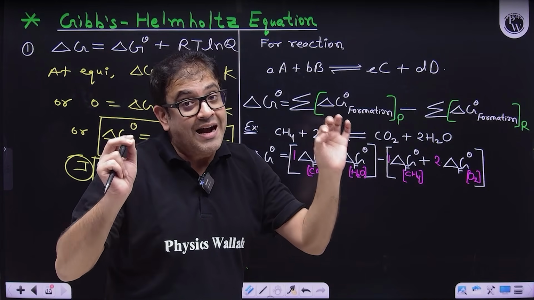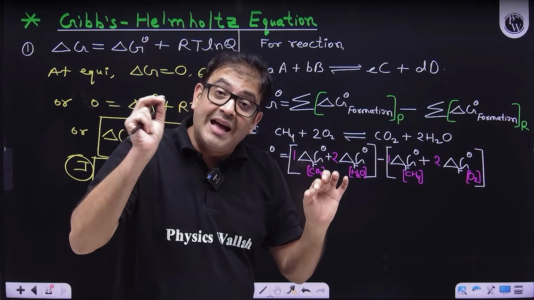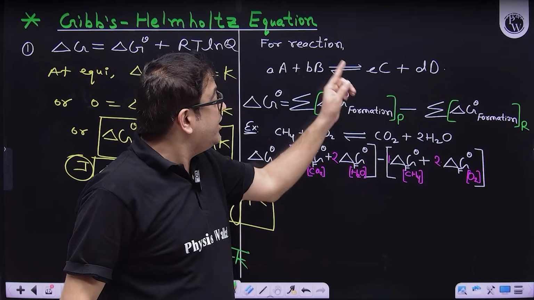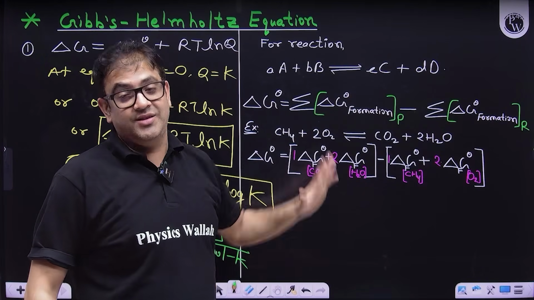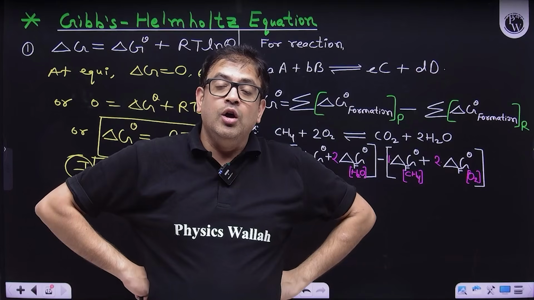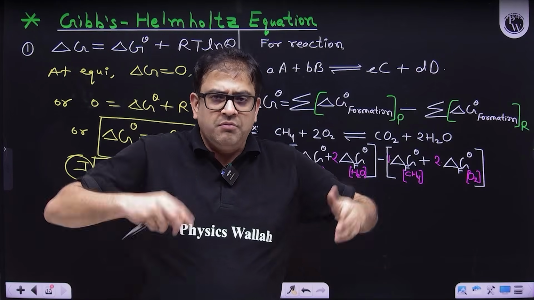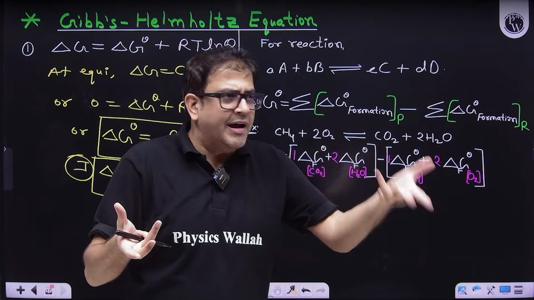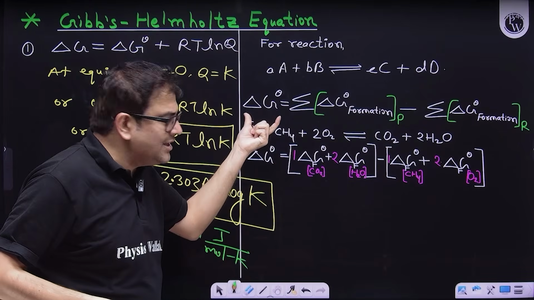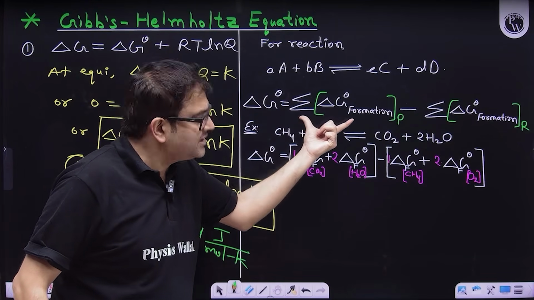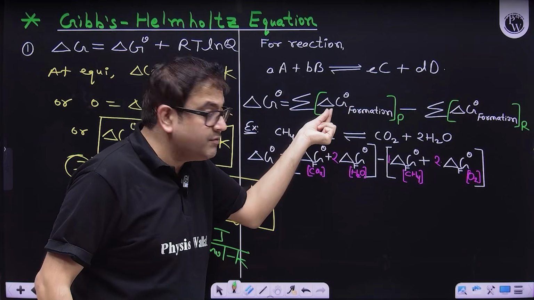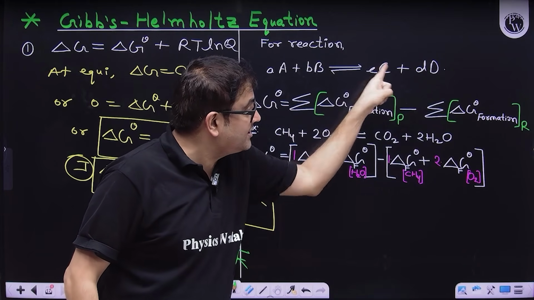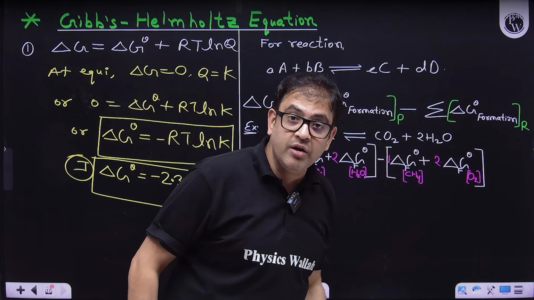Delta G naught is the standard Gibbs free energy change, but that value is sometimes not given for the reaction. It is given for the individual constituents. So, sir, how will we write this for a reaction? Delta is final minus initial. So delta G naught for any reaction is the sum of the standard Gibbs free energy change of formation of products minus that of reactants, R standing for reactant.